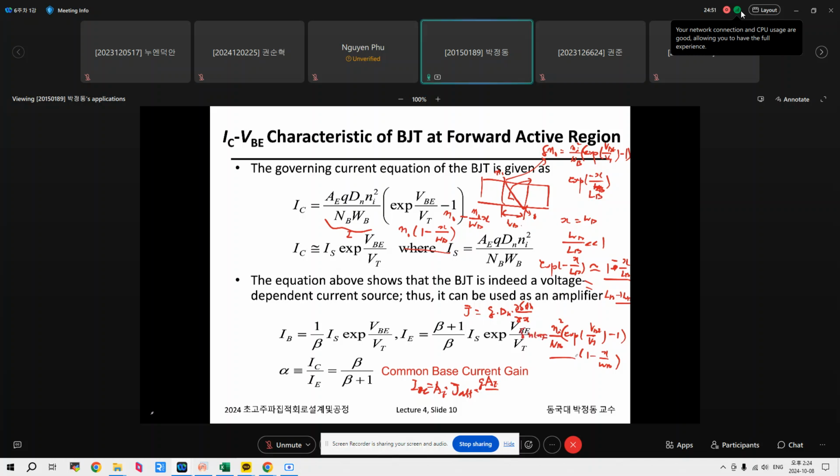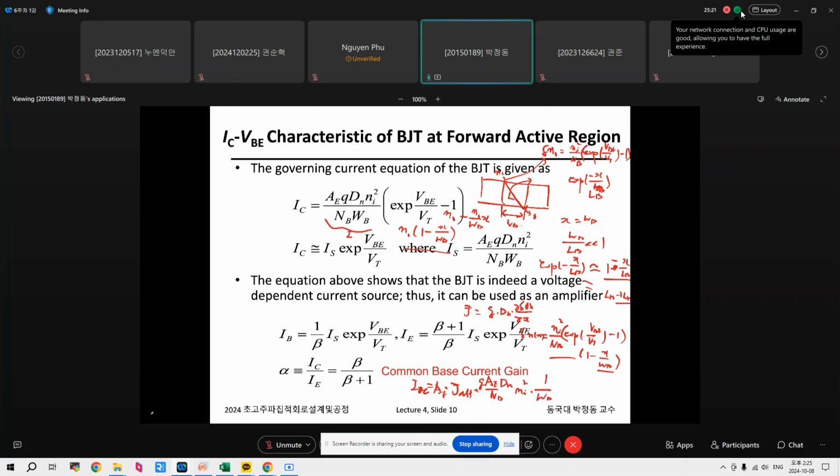So if you take a derivative with respect to X, right? What you have is just Q, dN, and all of them, MB, NI scale, and the only thing left is WB.